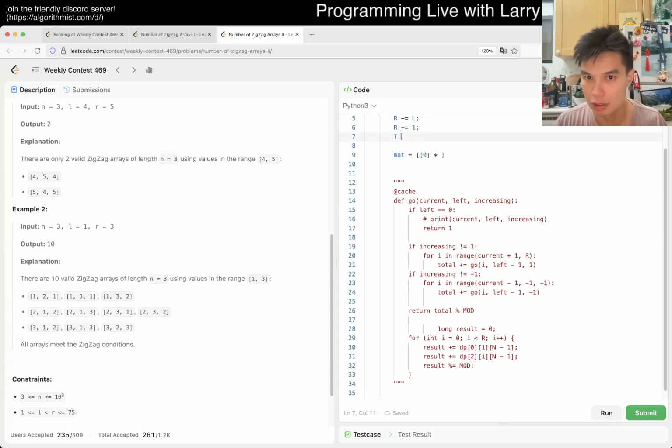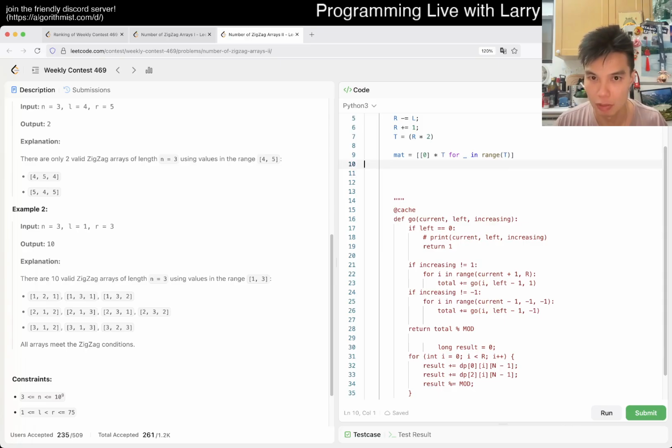So T is equal to R times 2, 1 for increase, 1 for decrease, right?